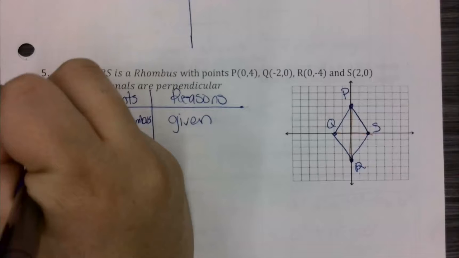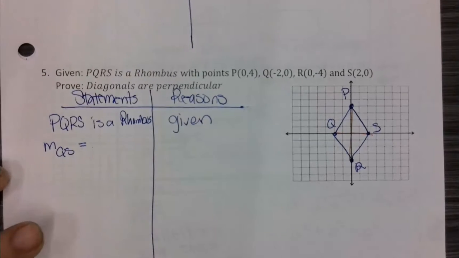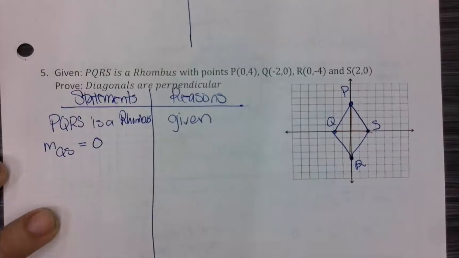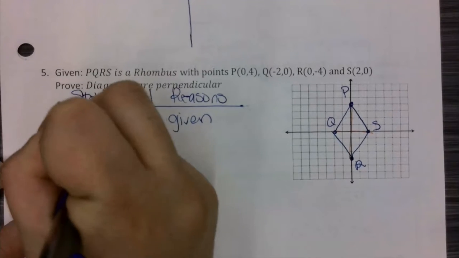So what's my slope of, let's do QS first. How many is it going up and over? I started with QS. It's going over 4, but up 0. So 0 over 4 is just 0. Okay, what about my other one, PR?